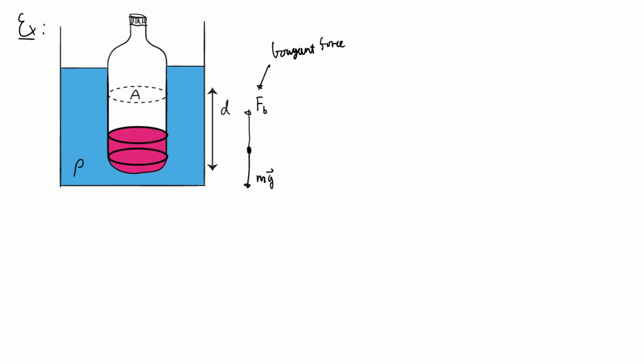The force is therefore going to be the total mass of the displaced water. That is rho times the volume times g, and it's going to be in the upwards direction. So really, it's minus g, minus vector g there. The volume is the area times the distance, so this becomes rho A D times g in the minus g hat direction. Okay. Next step is, of course, to do Newton's second law.